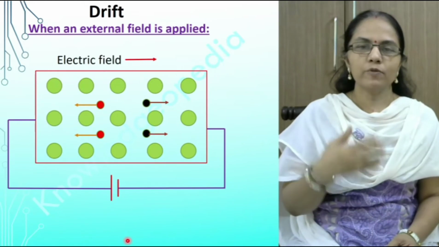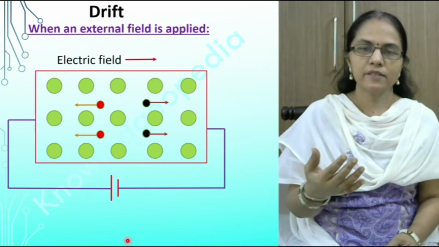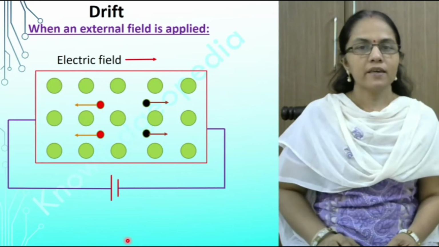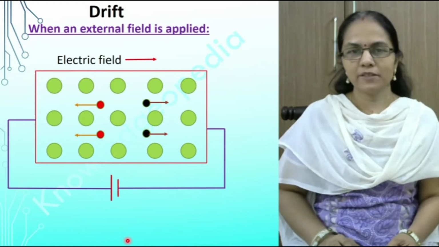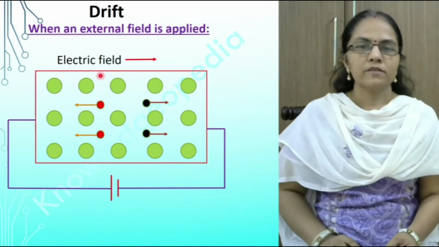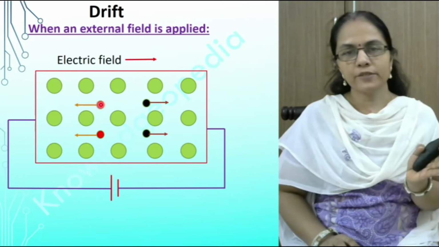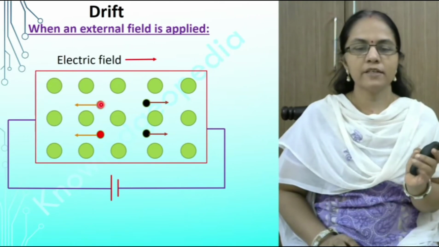We all know whenever there is a carrier movement, it will lead to generation of current. So we will see what is the direction of the current due to the drift of electrons and holes. Till now what we have seen, the electrons are drifted opposite to the direction of the electric field.